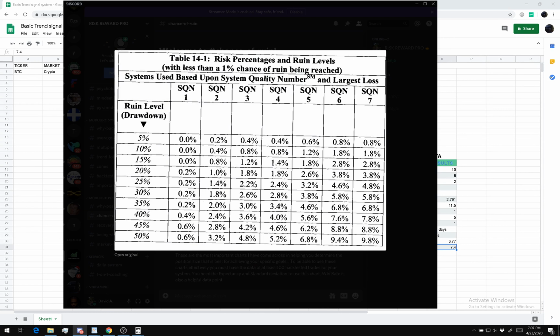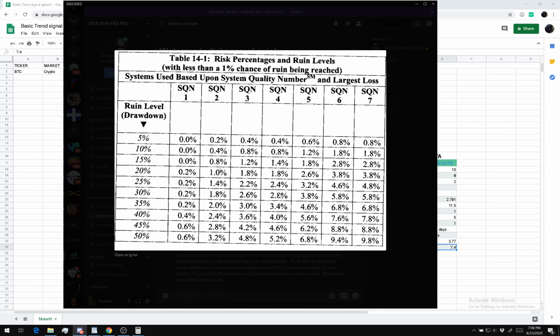2% I like, and I think it's good for beginners, and I think that's a good rule of thumb. But when you actually look at the proper risk percentages, 2% is kind of on the high end.